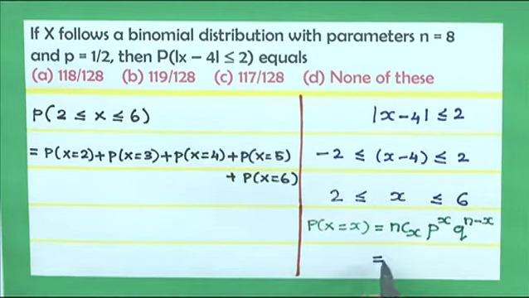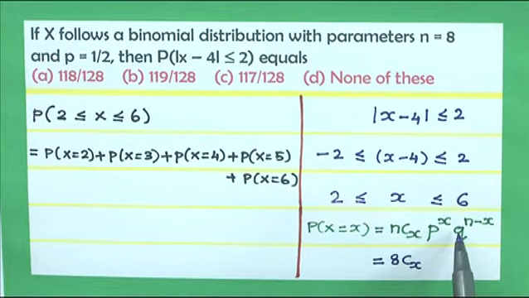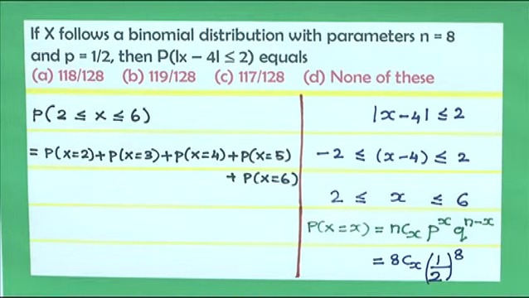In this particular question, n is 8, so it would be 8Cx, and p is half and q is also half. So that's going to be (1/2)^x into (1/2)^(8 - x). That's a^m into a^n form, that's a^(m + n). So (1/2)^(x + 8 - x), x gets cancelled. So it's (1/2)^n, and n is 8.